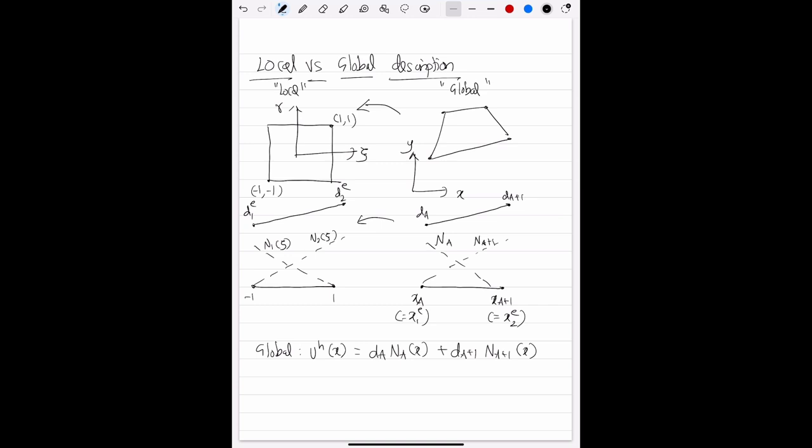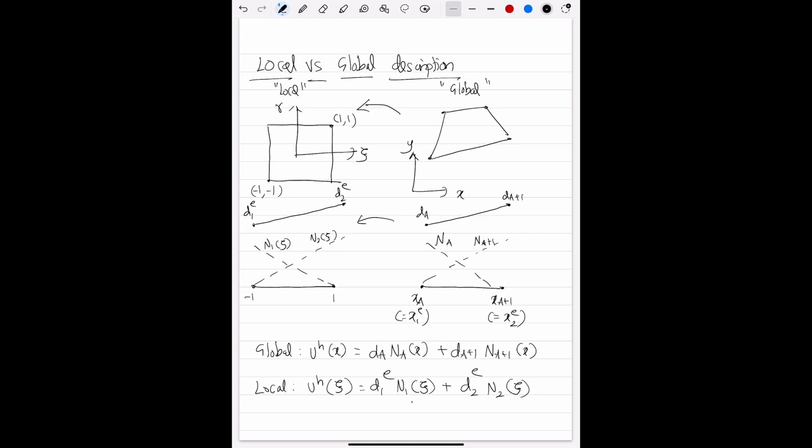The same expression can be written in a local description as UH evaluated at psi of x, where psi is the local coordinate, is equal to d1e multiplied by n1 of psi plus d2e multiplied by n2 of psi.